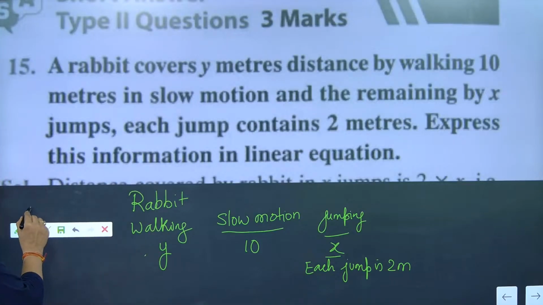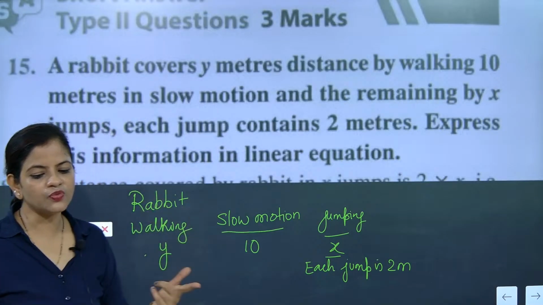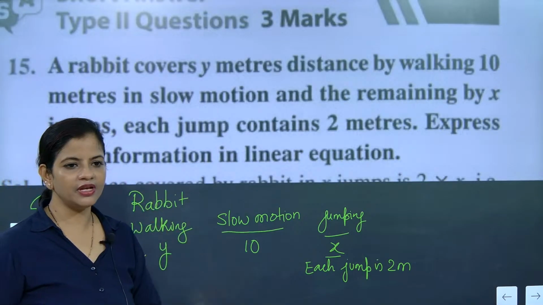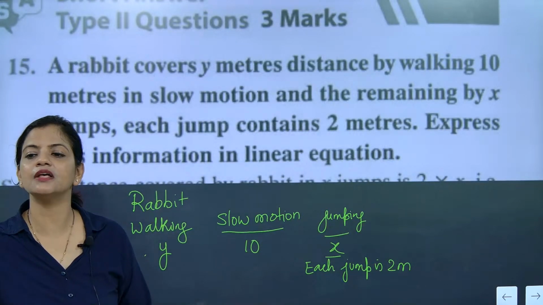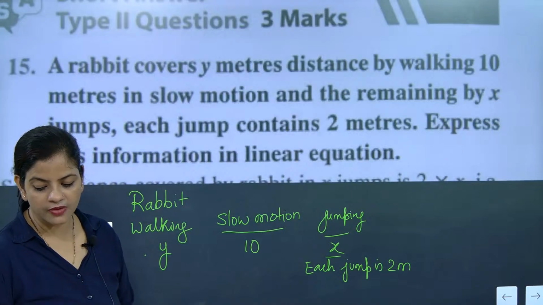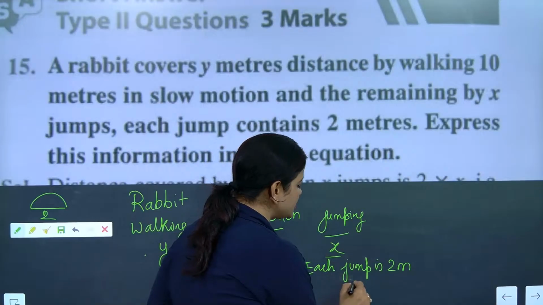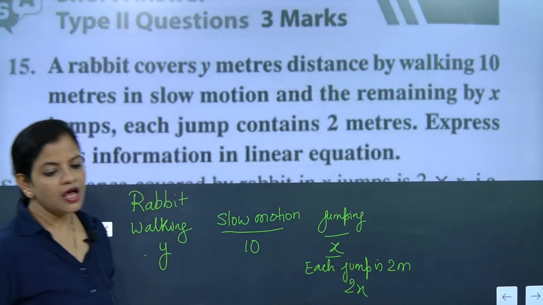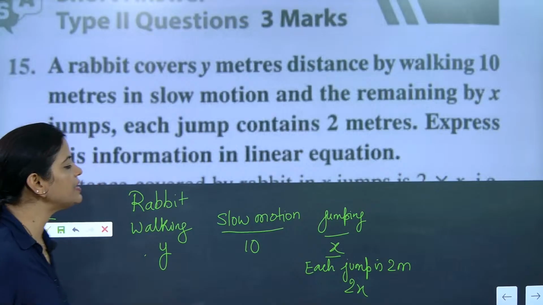So one jump is 2 meter, 10 jumps will be how much? 20 meters. Understood? But here it is not telling 10 jumps. They are telling x number of jumps. So here how much will it become? 2x.